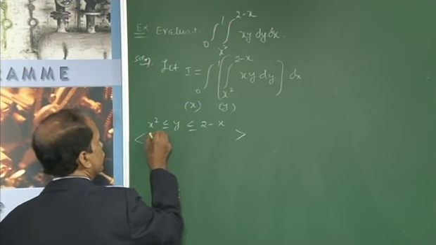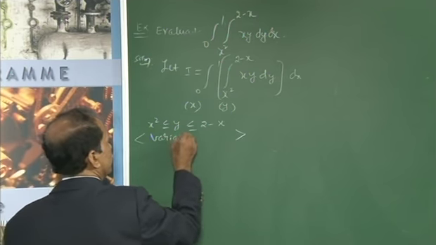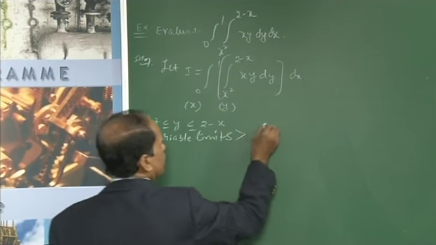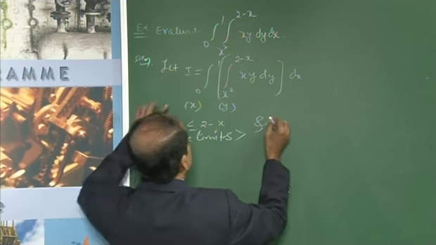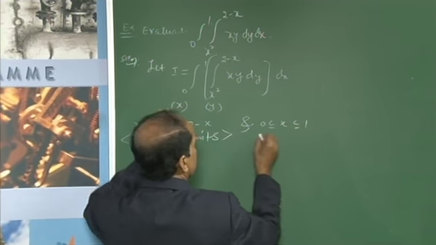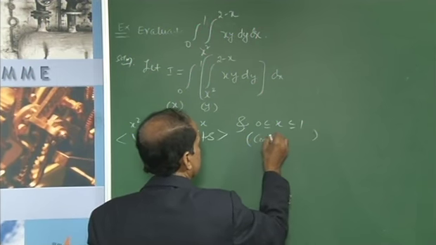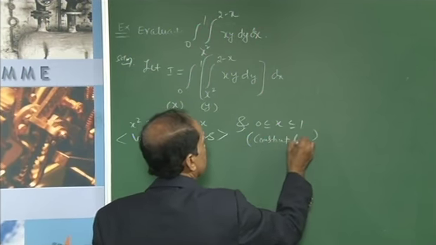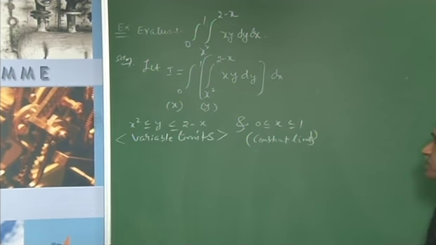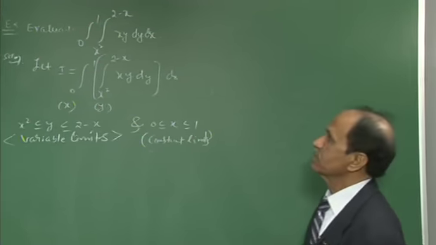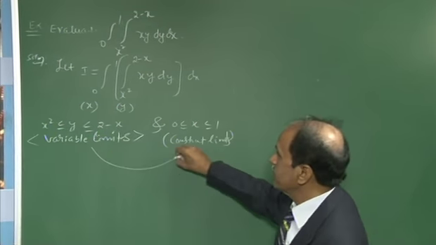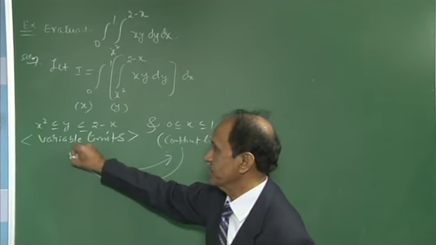This is for variable limits, and this is for x, 0 less than or equal to x less than or equal to 1. This is for constant limits. You can plot the curve and this has to go here and this has to come here.